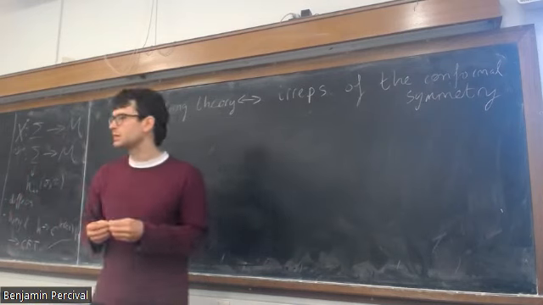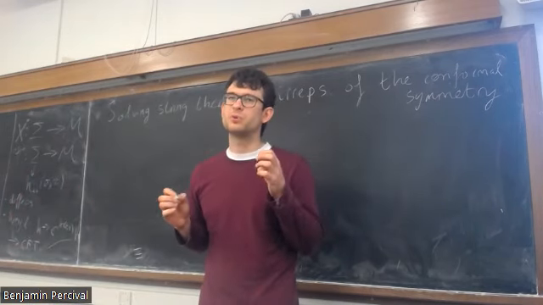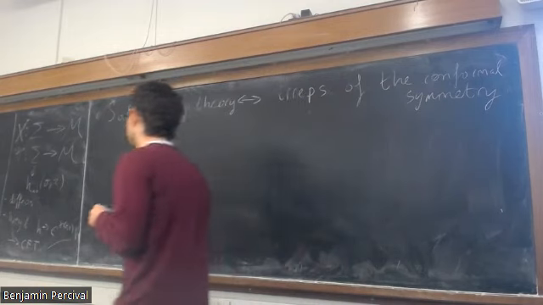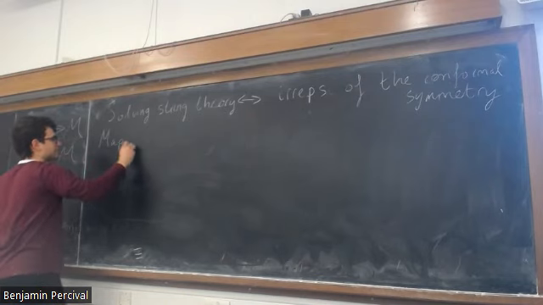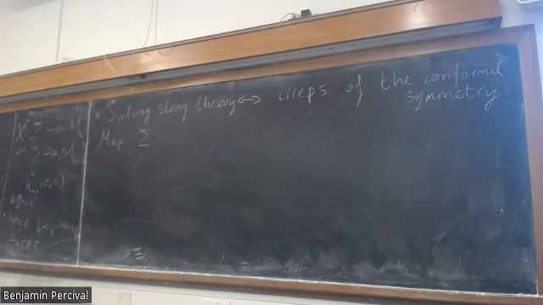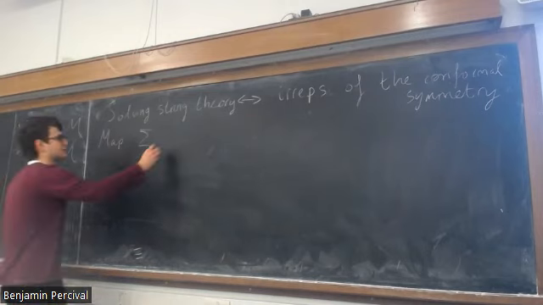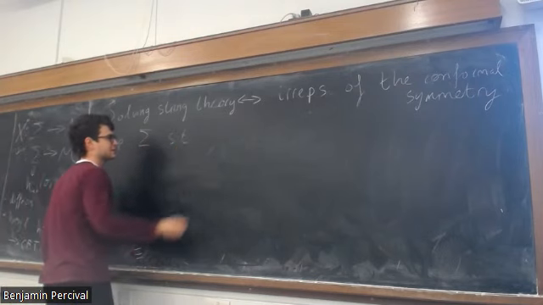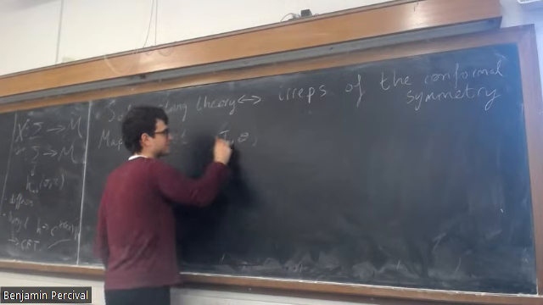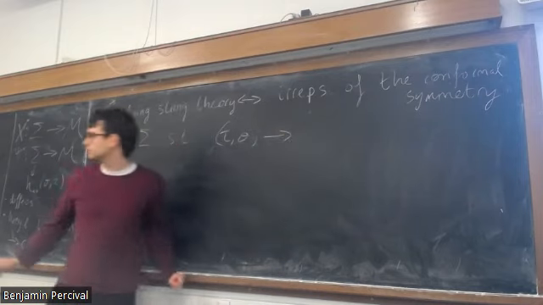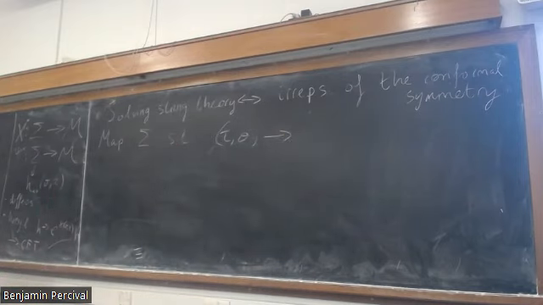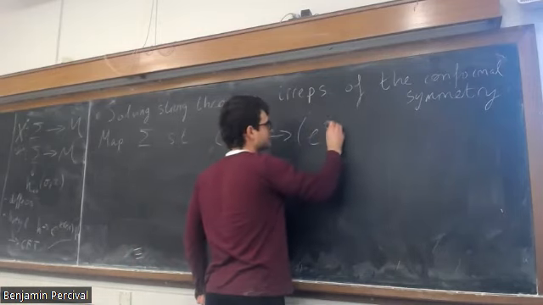So in order to make the conformal field theory structure more manifest, what we'll do is map sigma, the world sheet. So instead of using tau and sigma, we're going to map them with an exponential.